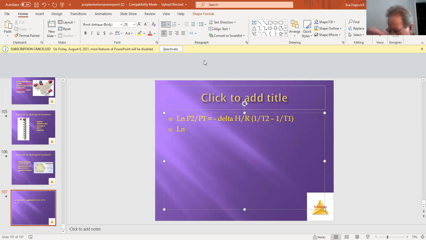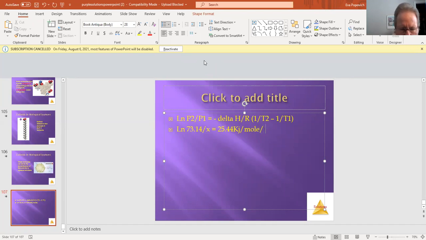My ln of 73.14 divided by X is equal to my delta H. My delta H is 25.44 kilojoules per mole.